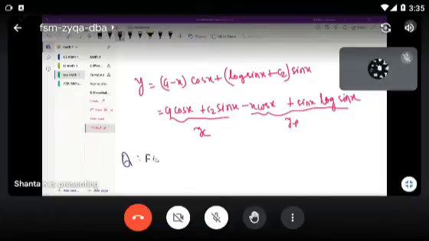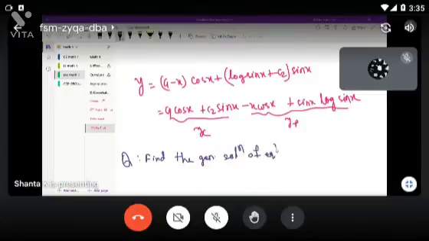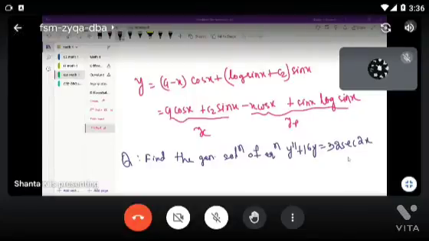Find the general solution of y double dash plus 16y equals 32 sec 2x using method of variation of parameters.